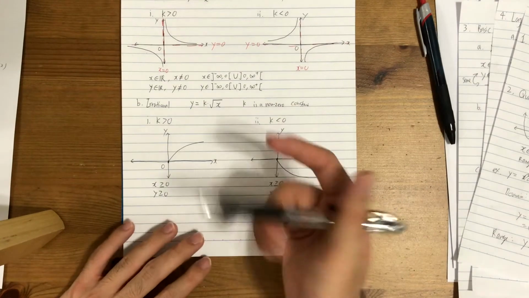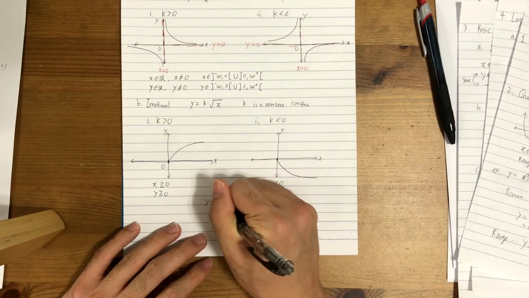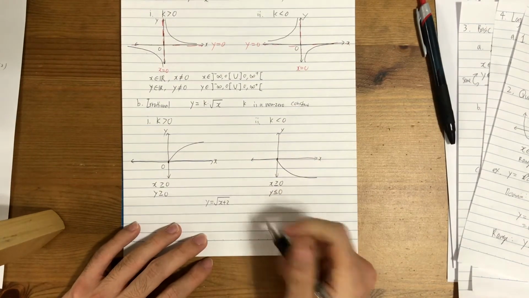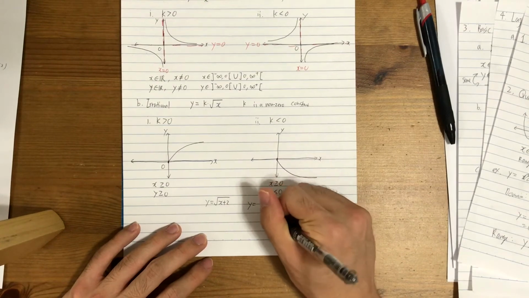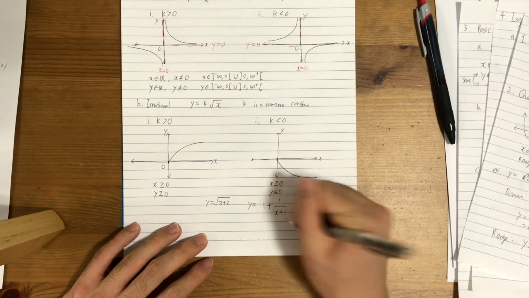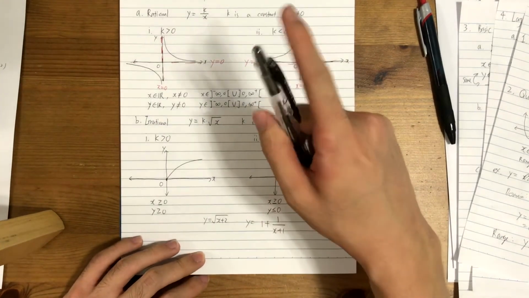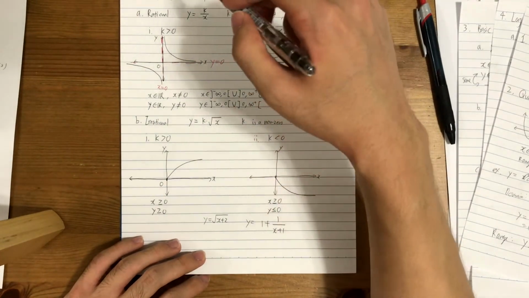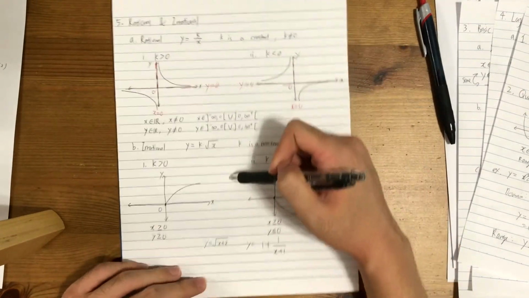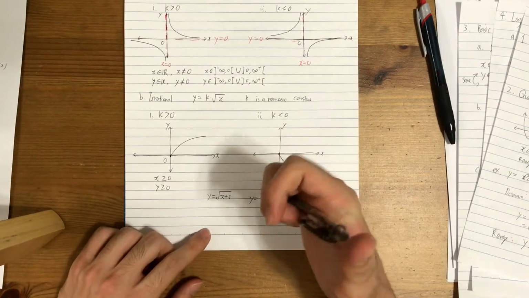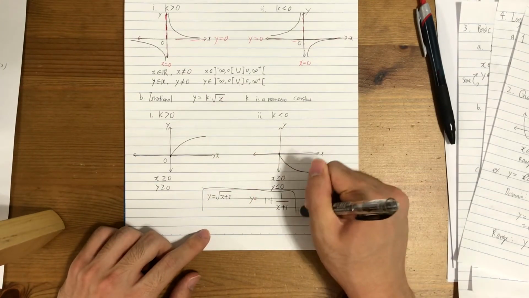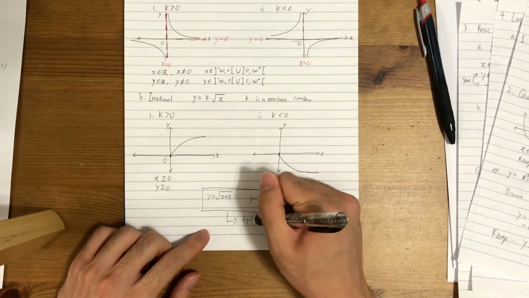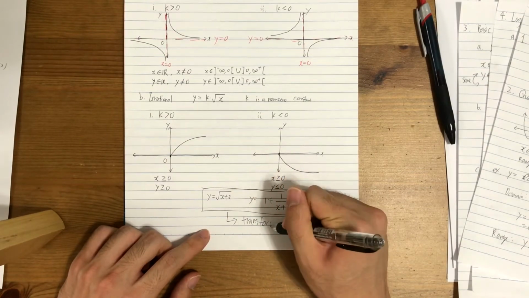And later, you will see a lot of cases, like, for example, sketch this, or sketch something like this, right? Which is a transformed version of rational and irrational. And for these cases, we're going to do in transformation. So in the next video, okay?